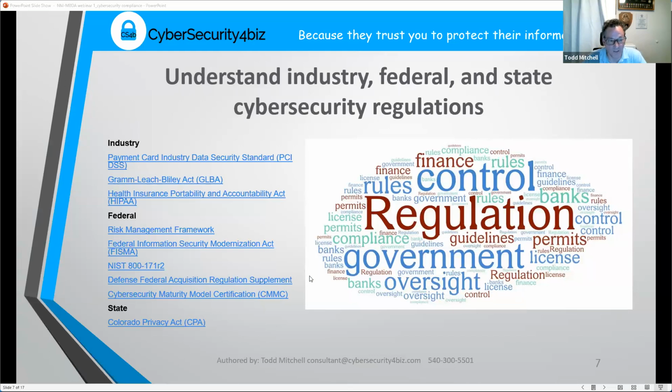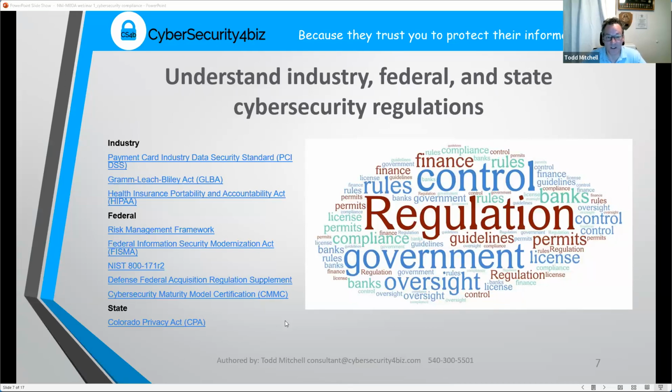And then there are state regulations in this area. Colorado has a Privacy Act already, and New Mexico has, 2 or 3 years in a row now, put one up at the legislature, but it has not actually been passed yet. So as of now, there is no Privacy Act or consumer protection policies for the state of New Mexico, but I imagine in the next couple of years there will be.